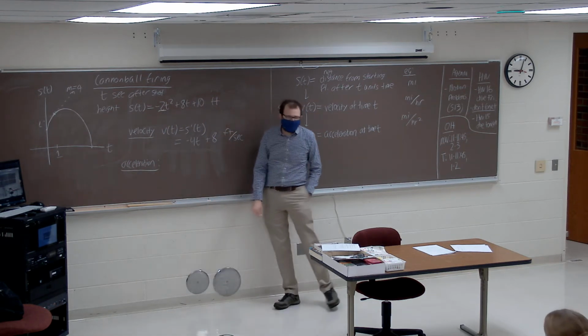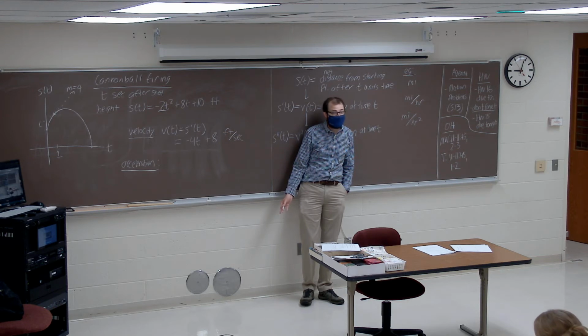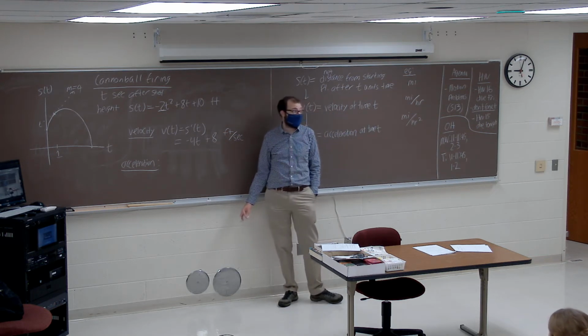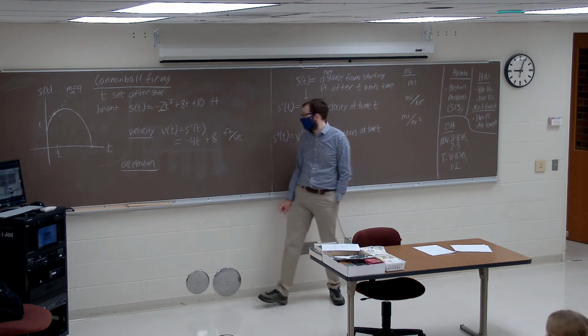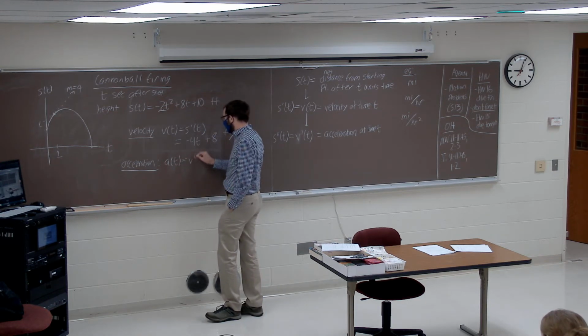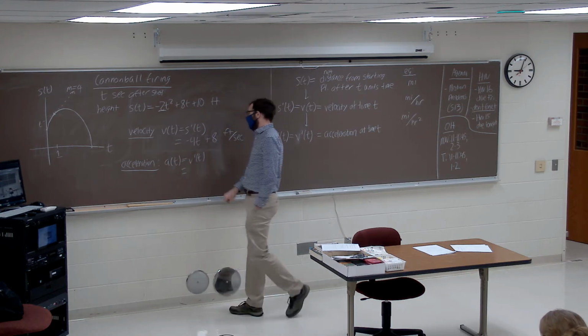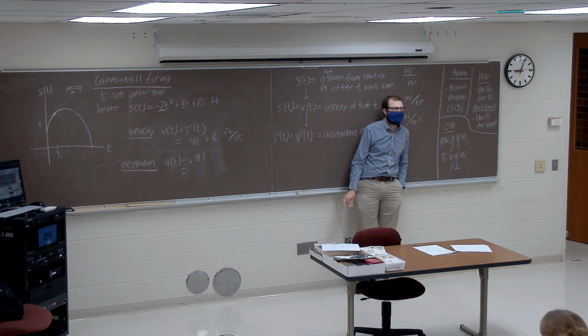What if we wanted to find acceleration? In other words, the vertical acceleration, which tells us how fast our cannonball is going to be accelerating in a vertical direction. Just take the derivative of velocity. Okay. So if we do that, we need the derivative of negative 4t plus 8.